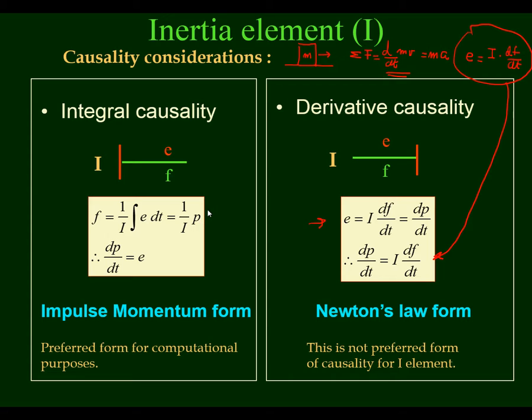If you have this equation here, and we don't want to have it in terms of the derivative form, you see, you can write, if you have it here, that E is equal to I times df/dt, what you have to do is integrate both sides.